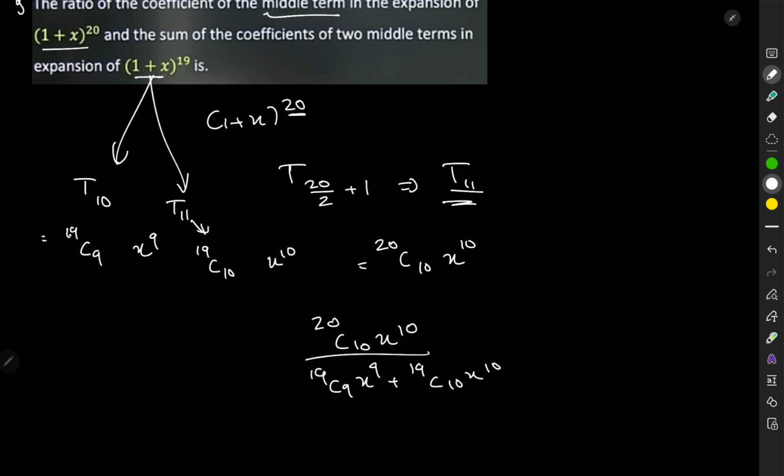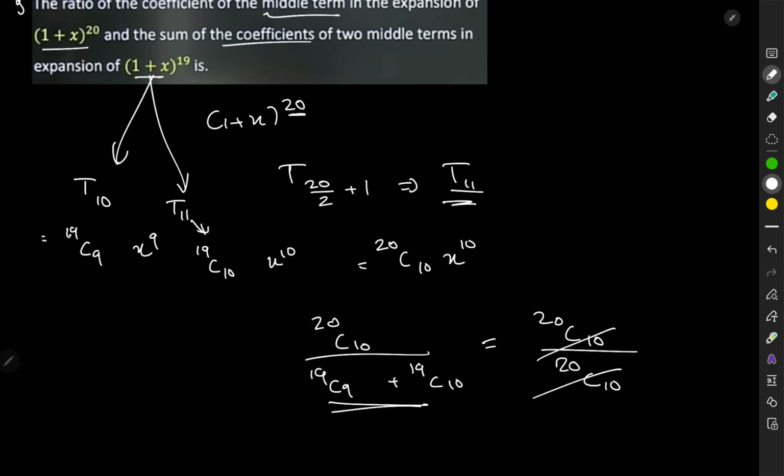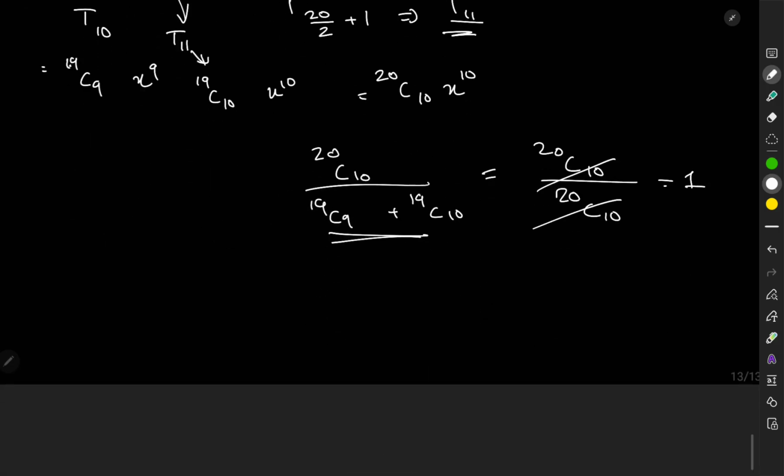Since they are asking for coefficients, we can cancel these variables; we don't need them. So 20c10 divided by the sum, and by Pascal's theorem, this and this will get cancelled and you will get 1 as the answer.